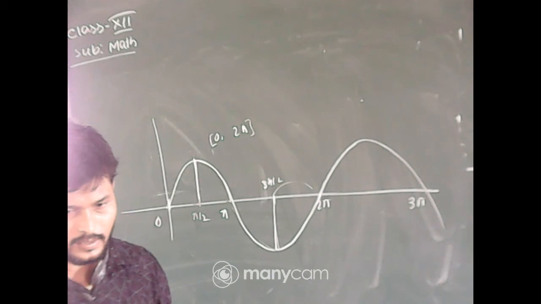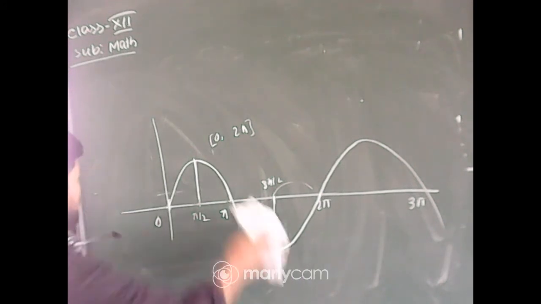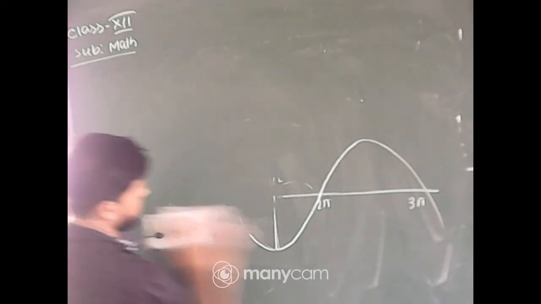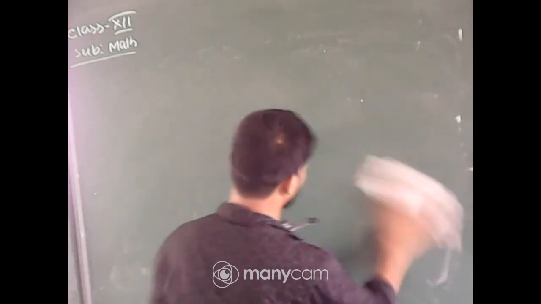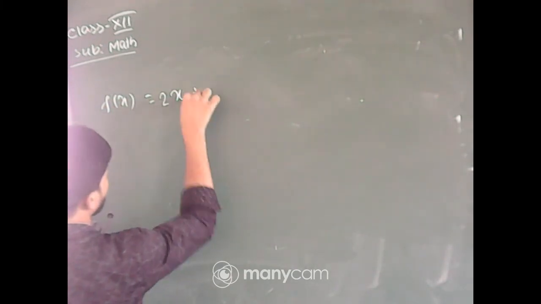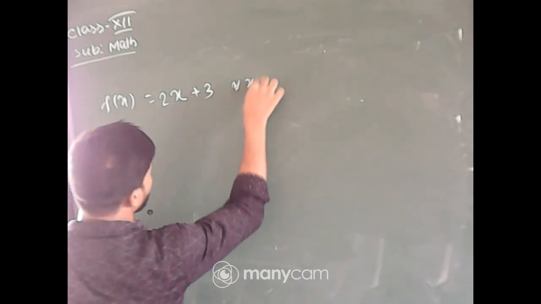Got it? Okay. So now let's take a few examples. Let us take one example: f of x is equal to 2x plus 3, where x belongs to the real numbers.